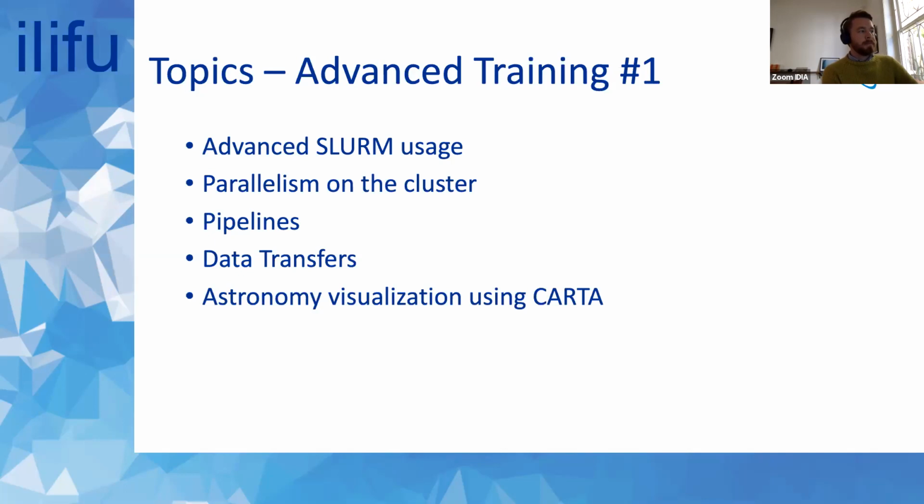Then we use the pipelines astronomy software as a case study to implement this, and how to develop a workflow or pipeline on the cluster. Then we'll cover slightly more in-depth topics about data transfers, and finally we'll do a demonstration of the astronomy visualization tool called CARTA. Jordan Collier is going to take this training session today.